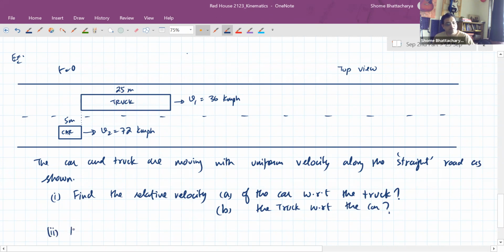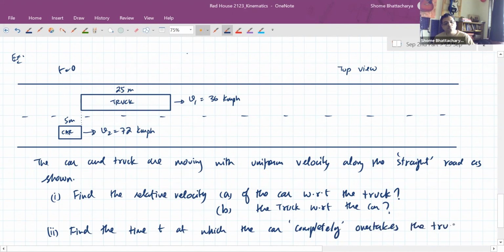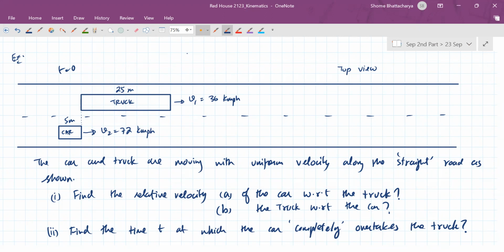Secondly, we have to find the time t at which the car completes the overtake, or completely overtakes the truck. So just apply the concept of relative velocity that we've discussed previously and work out the first part from that.